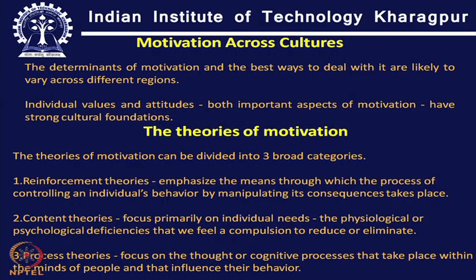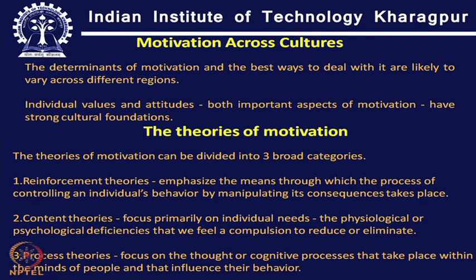After this, we will try to discuss the theories of motivation. The theories of motivation can be divided into three broad categories. First is the reinforcement theories, which emphasize the means through which the process of controlling an individual's behavior by manipulating its consequences takes place.